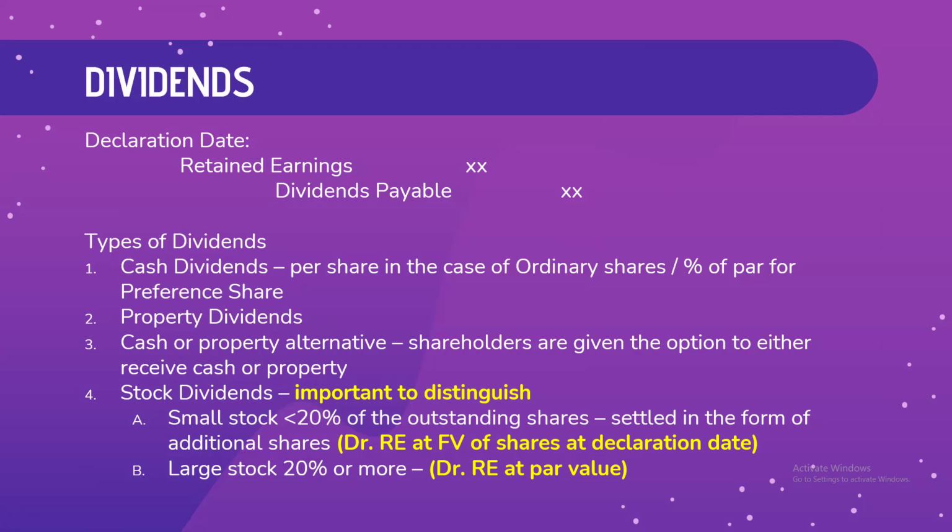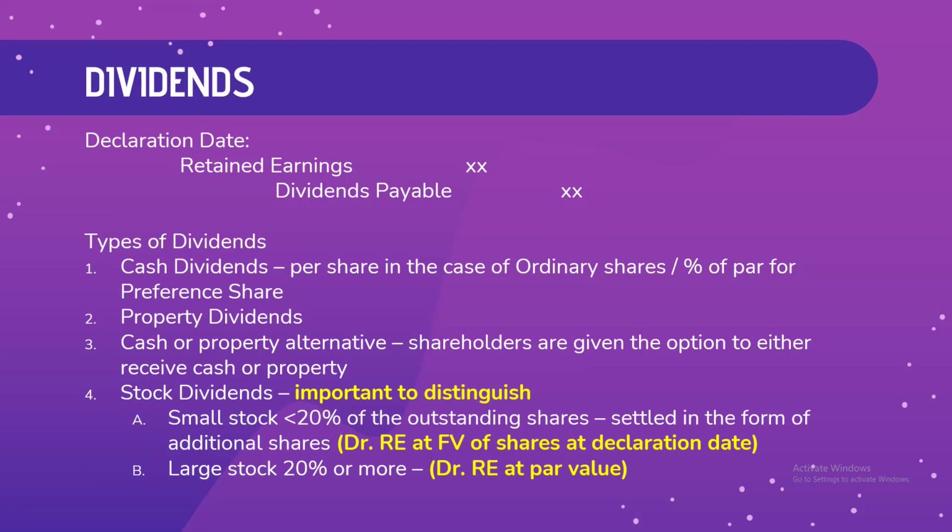Upon declaration date, the journal entries are as follows. Debit retained earnings and credit dividends payable. Pansinin class, debiting the retained earnings means reducing the total retained earnings, and then credit dividends payable. In this case, dividends payable is a current liability.